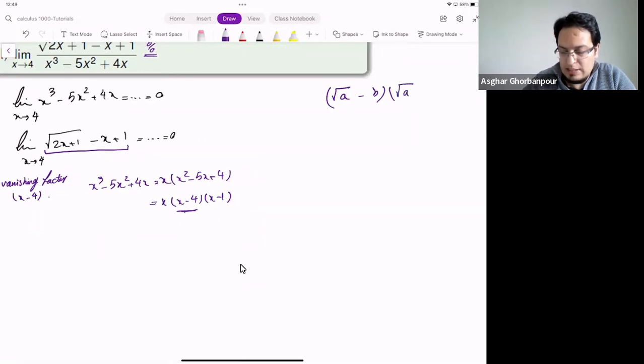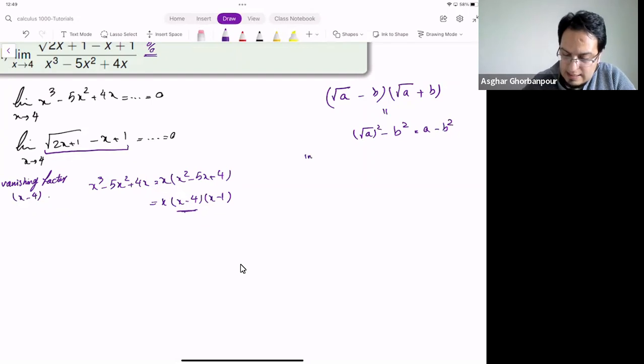Conjugate is when, instead of minus, you put plus there. You see, something minus another thing times something plus another thing will be the first one squared minus the second one squared. And that way, you can get rid of that square root there.